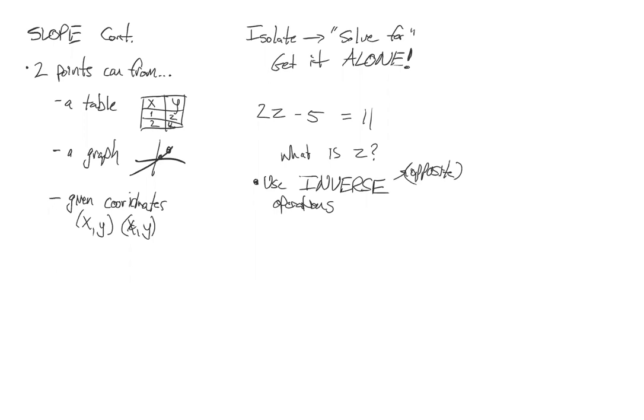The key with these is PEMDAS, which is the order of operations. It stands for parentheses, exponent, multiplication, division, addition, subtraction, where multiplication and division are the same importance as addition and subtraction.